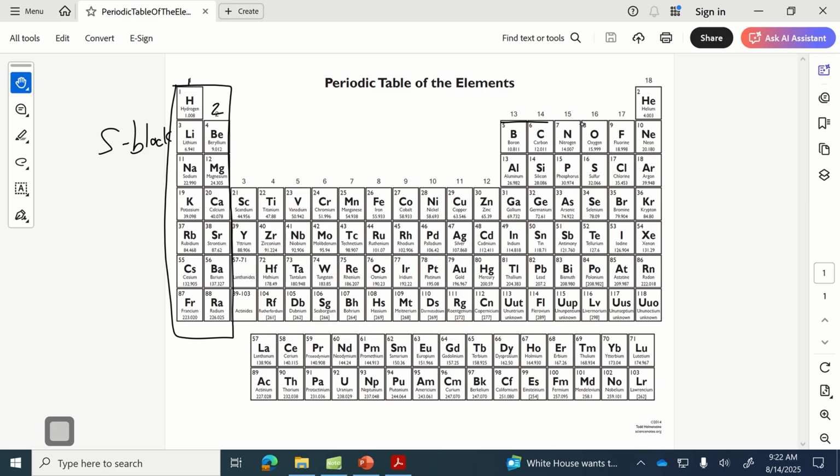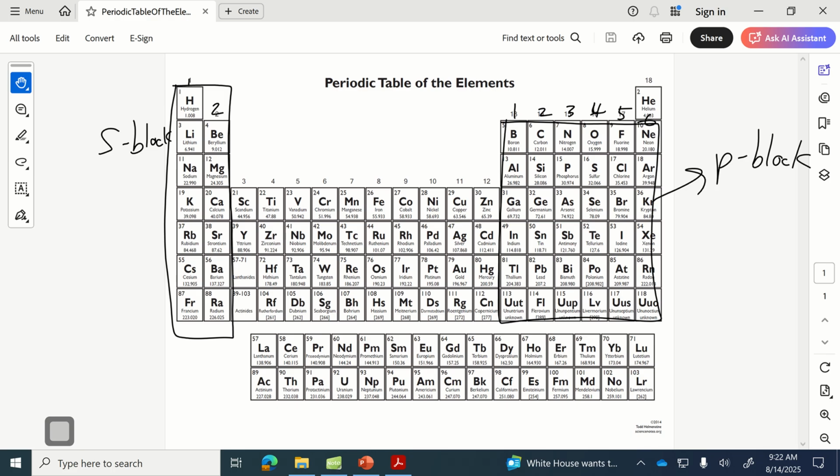If I go to the other side of the periodic table, the other tall columns, look at how many columns I have here: 1, 2, 3, 4, 5, and 6. This side is called the P block. You have 6 columns.